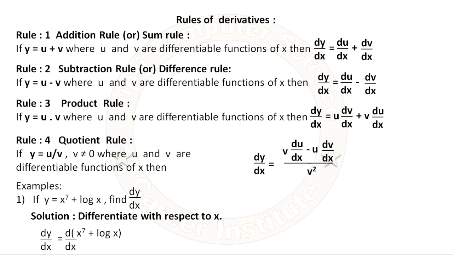Therefore, you use the first rule, that is, y is equal to u plus v, then dy upon dx is equal to du upon dx plus dv upon dx. That is, separately write the derivative with addition sign.